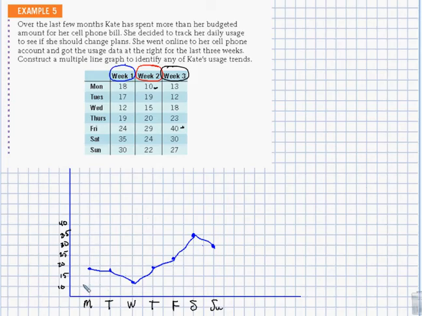On week 2, I spent $10 on Monday, 19 on Tuesday, 15 on Wednesday, 20 on Thursday, 29 on Friday, 24 on Saturday, and 22 on Sunday.